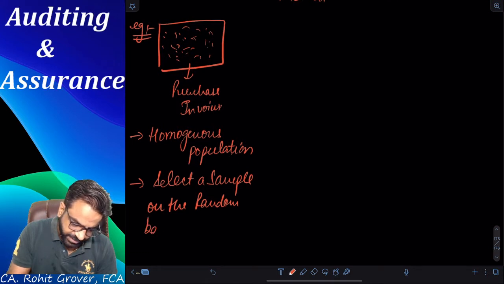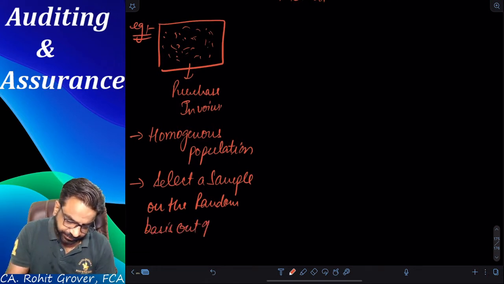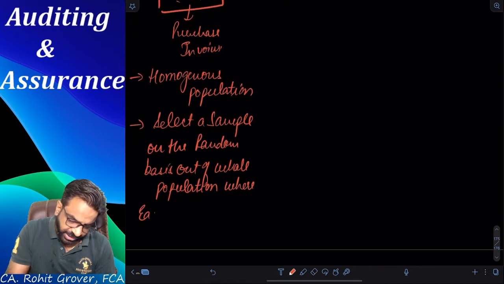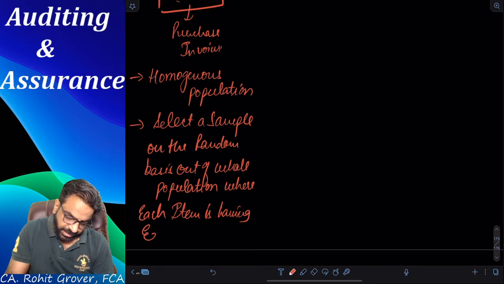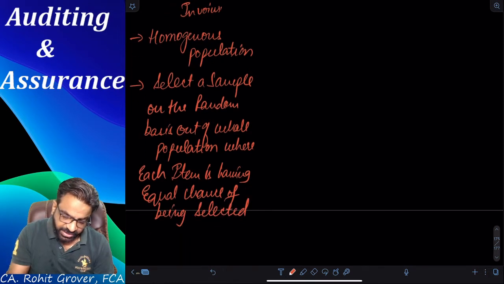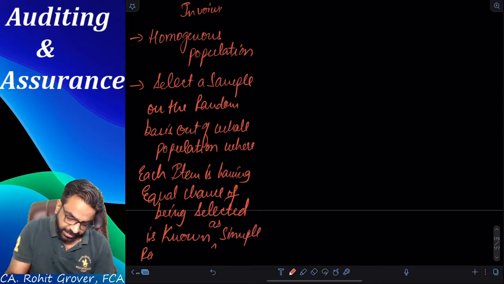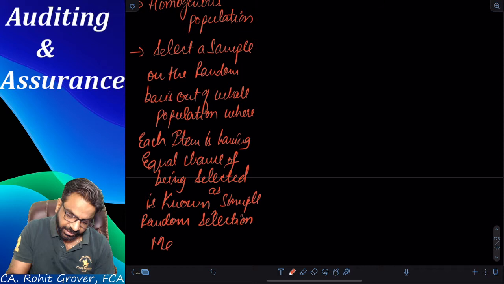When you are going to select a sample on a random basis out of the whole population where each item has an equal chance of being selected, that is known as the simple random selection method. Are you getting the point or not?